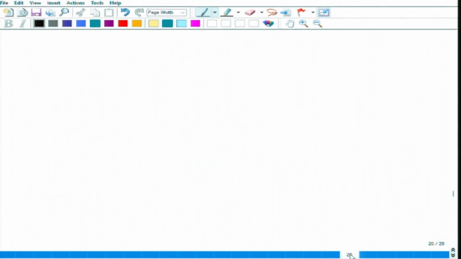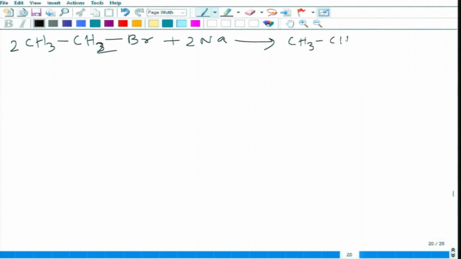Okay. Similarly, there are multiple molecules of ethyl bromide as well. So, when two ethyl groups join, it will give butane. Okay.